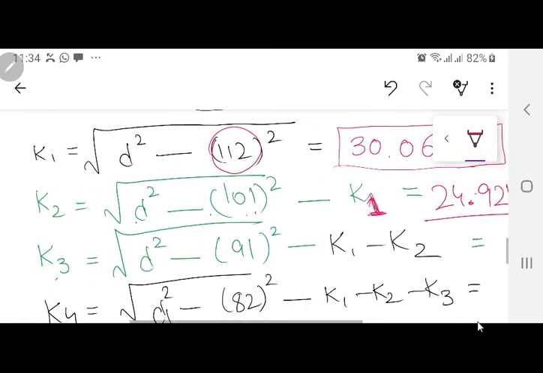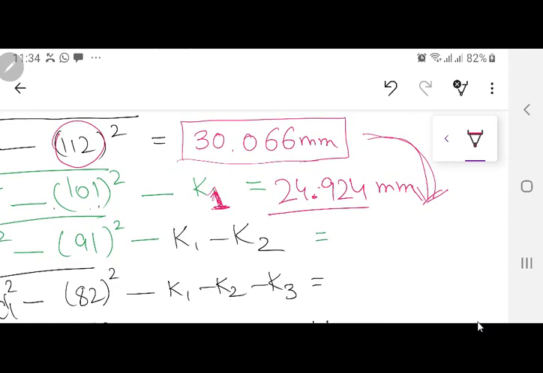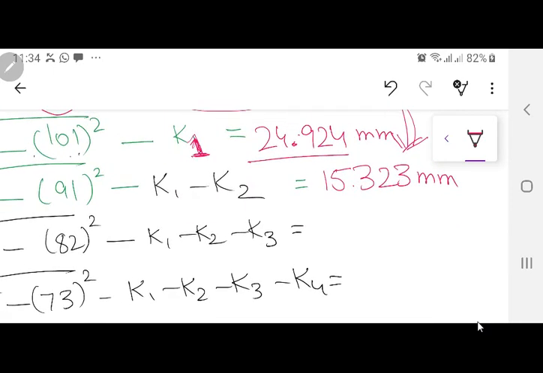K3, K4, K5, and so on. Find out these values. 15.323 mm. Next K4.